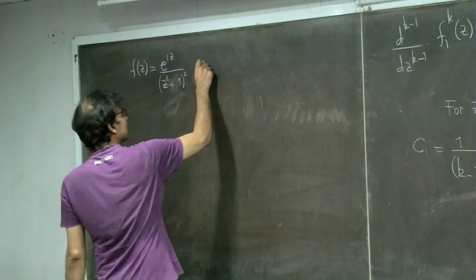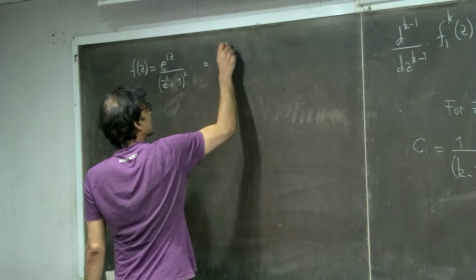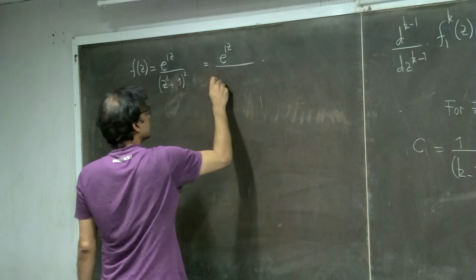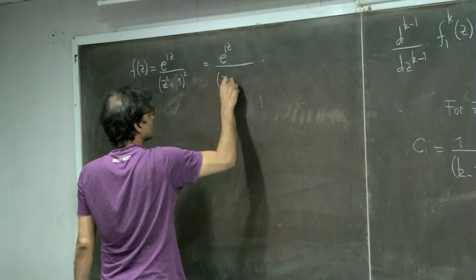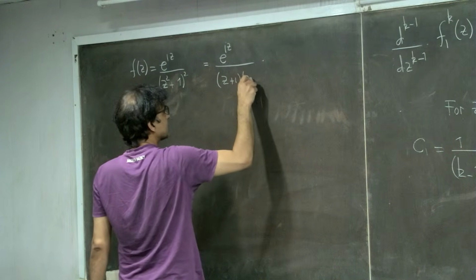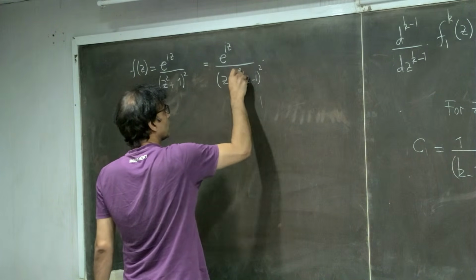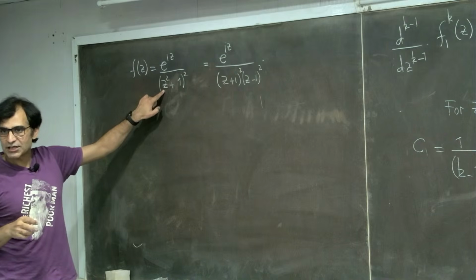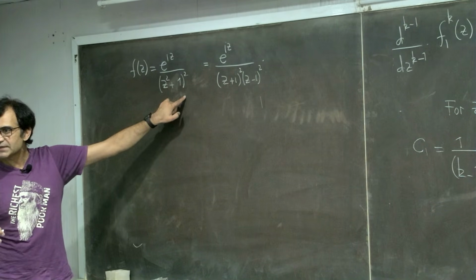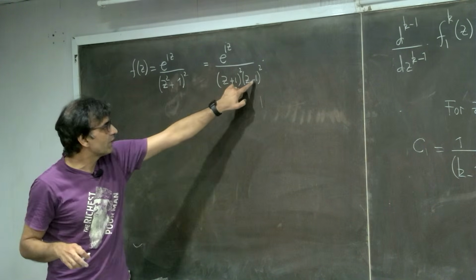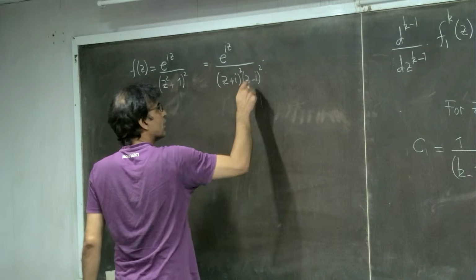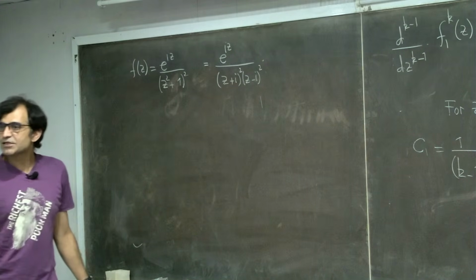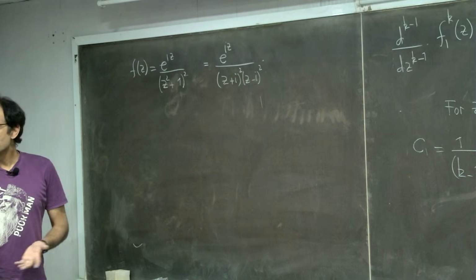Now you have to write this as z plus iota and z minus iota, and then you have a square on both, because z squared plus 1 is z plus iota into z minus iota. And now you can see that you have a higher order pole at z equal to iota and z equal to minus iota.